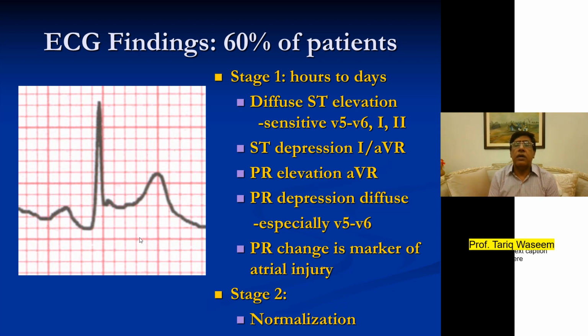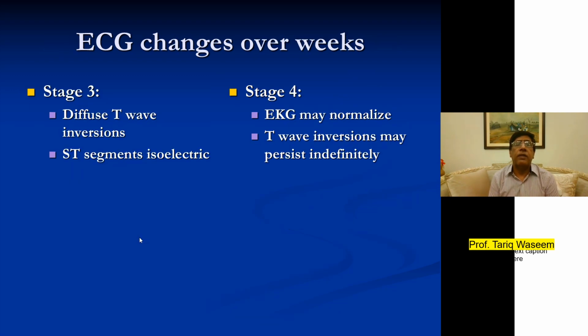As I said, in the early phase, there would be an ST elevation with the concave upward ST segment and a PR depression, and then this would normalize within days to weeks, settling back to an isoelectric ST segment and isoelectric PR.